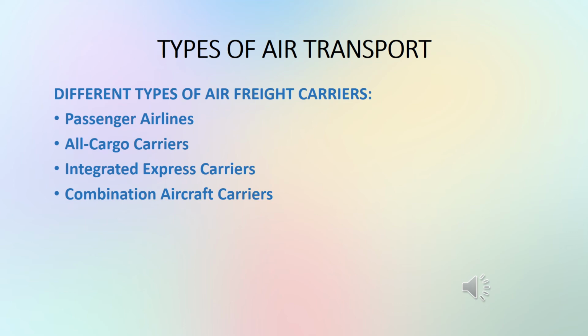Then, for integrated express carriers, they will move your cargo from the door at point A to the door at point B. They will pick up your shipment from origin via truck, fly it to its destination terminal, then deliver to the destination via truck. Okay.